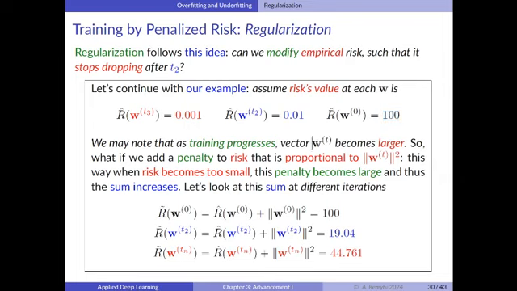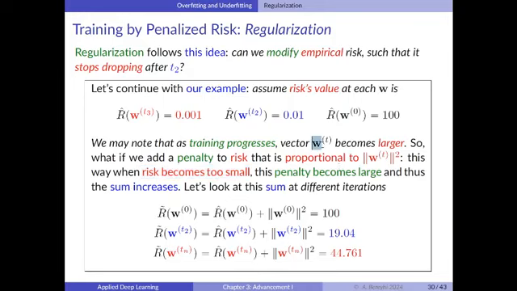As you saw before, the W which we are training becomes larger. When our risk becomes too small, a large W tries to keep the objective large.